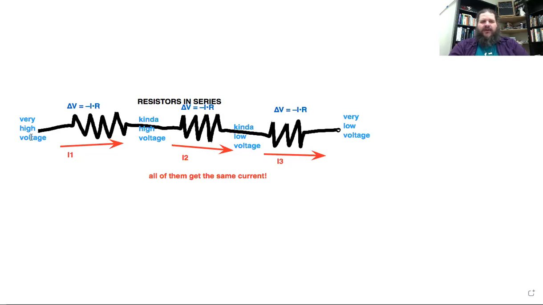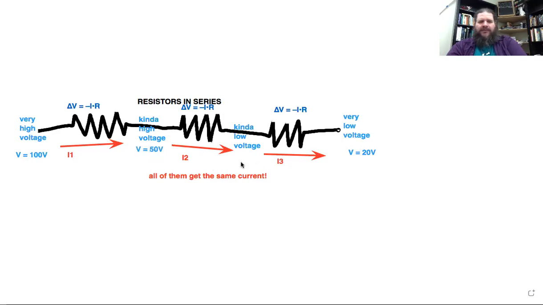So just to throw some numbers in, let's say the very high voltage is 100 volts, and let's say the very low voltage is 20 volts. Overall, there's a loss of 80 volts. The three resistors in this case would have to split up that available voltage. Maybe through the first resistor, and I'm just making up some numbers here, you lose 50 volts, so you're down to 50 volts.